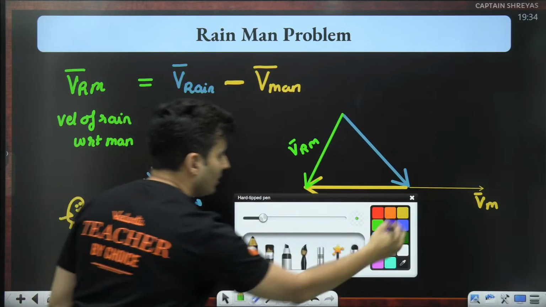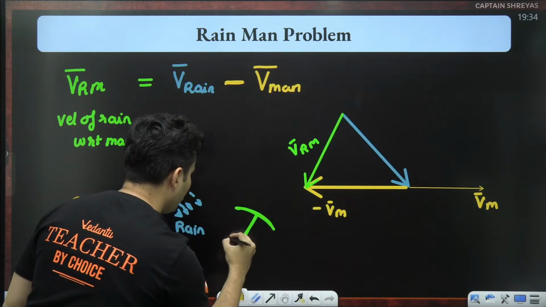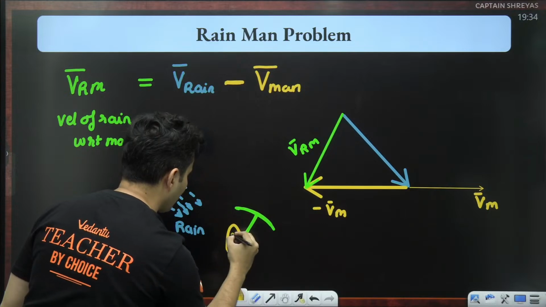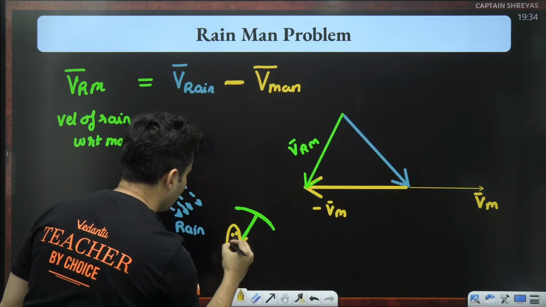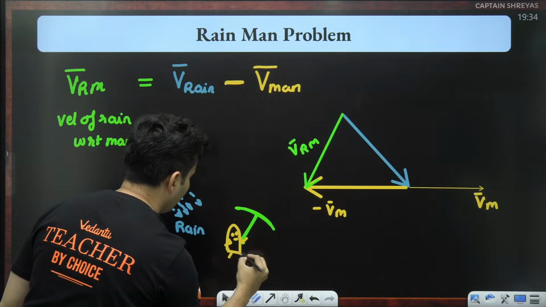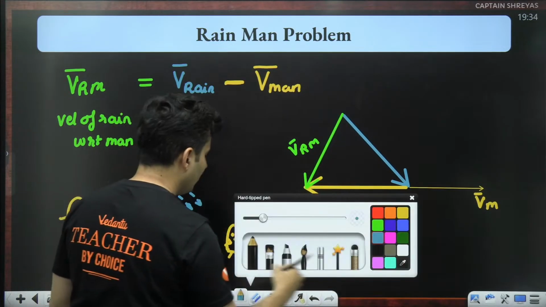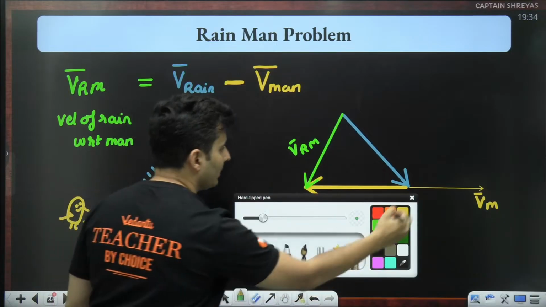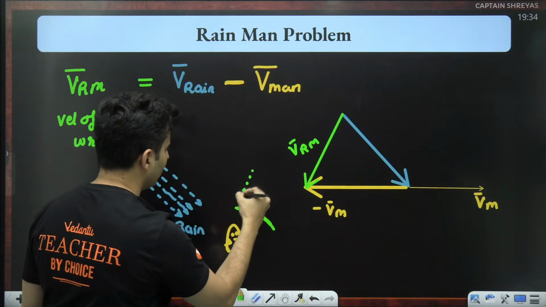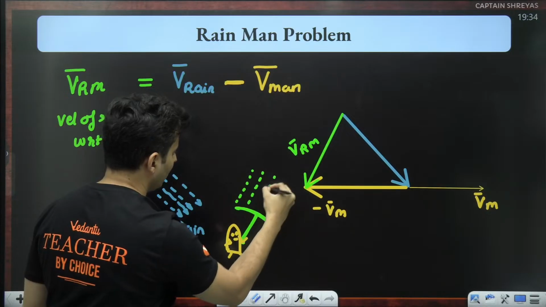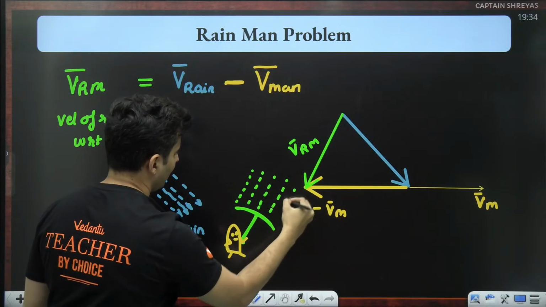The person who is running is going to hold the umbrella while running like this, because for him, the rain will appear to come in this direction.